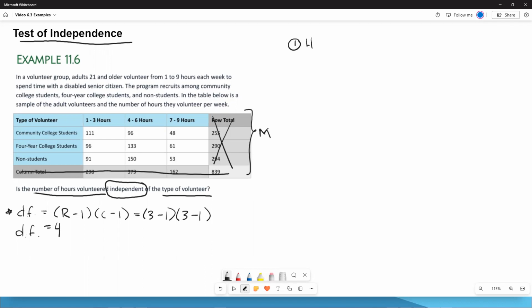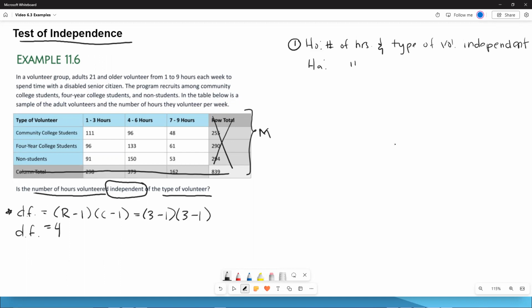Step 1, identify your hypotheses and your claim. The null is number of hours and type of volunteer are independent. No relationship.